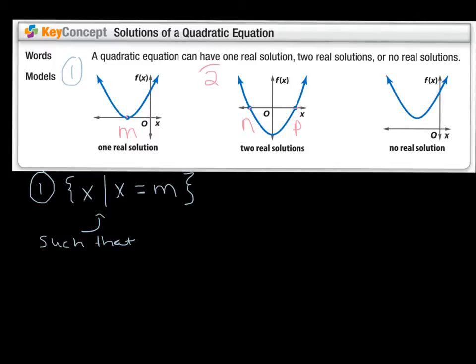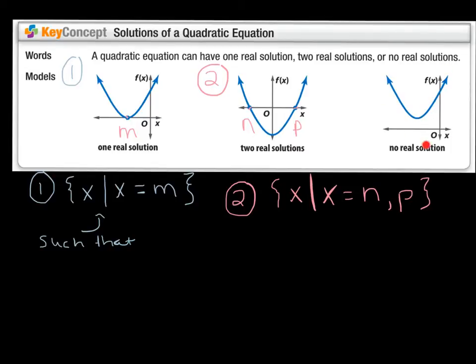So if this is our number 2, then we have the set, that's an ugly curly bracket, but it works, of an x, or any x's, such that x equals n, comma, p. It can be n and p.